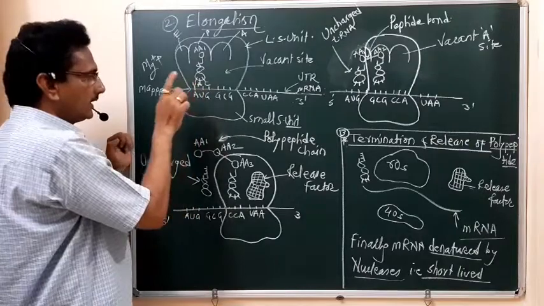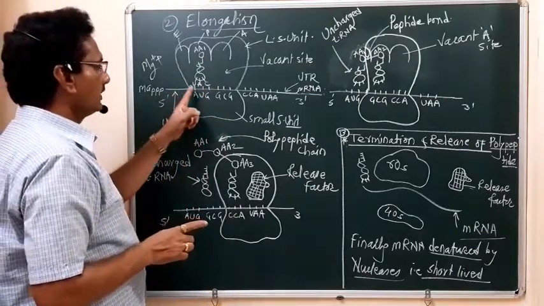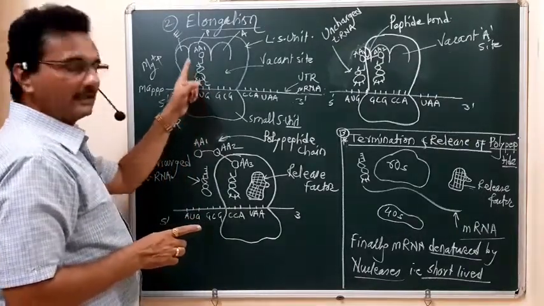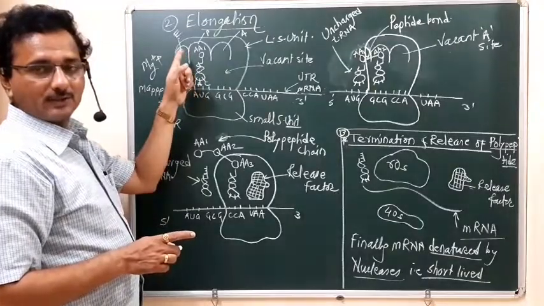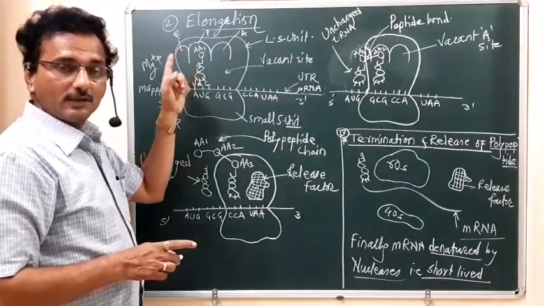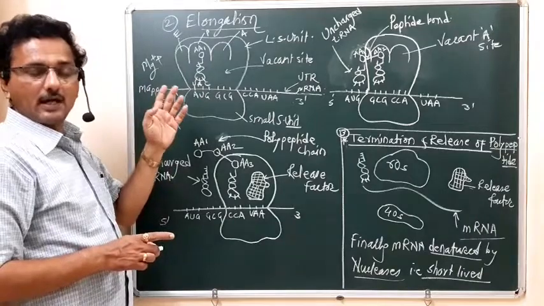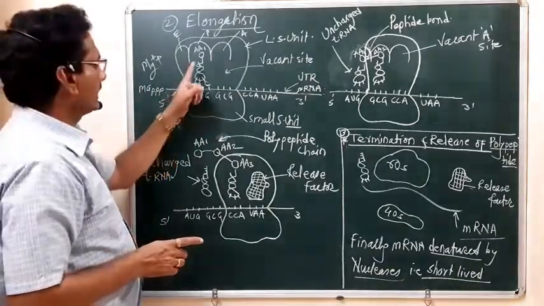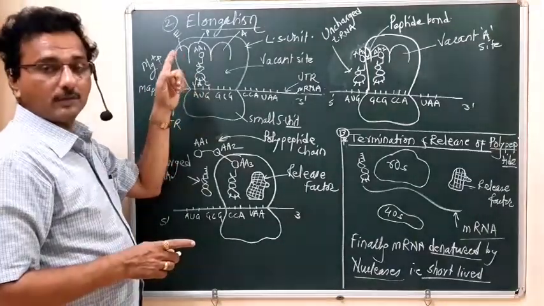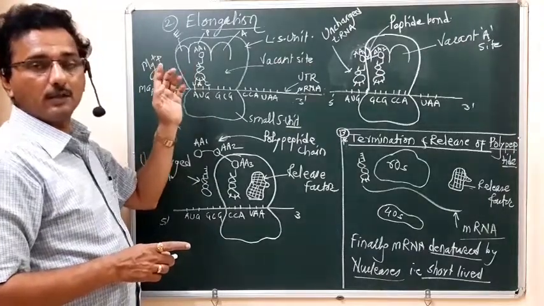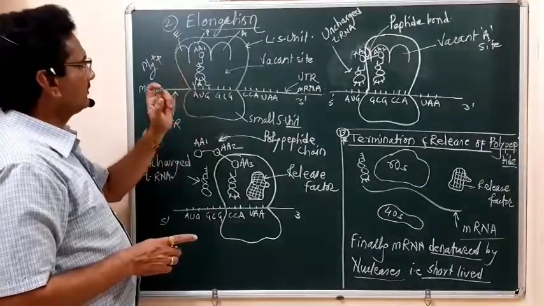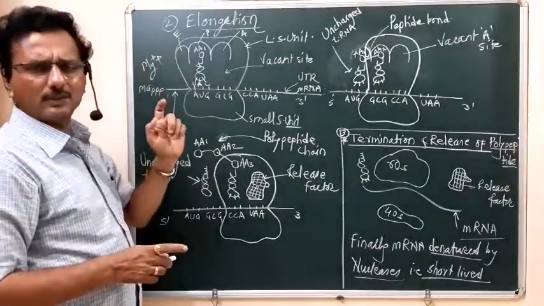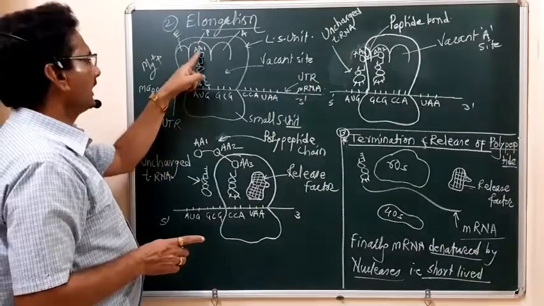So the tRNA has the anticodon UAC. That tRNA carries the first amino acid. In eukaryotes it carries methionine, and in prokaryotes it carries N-formyl methionine or formyl methionine. For that methionine or formyl methionine, we use the letter AA1.